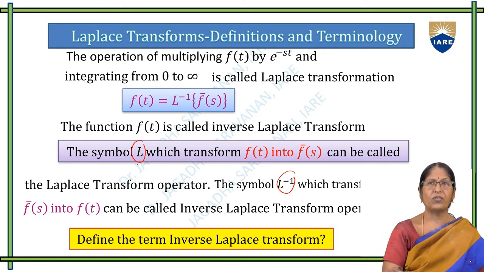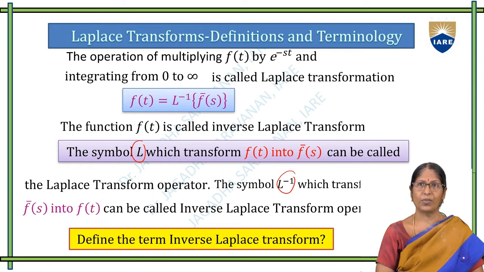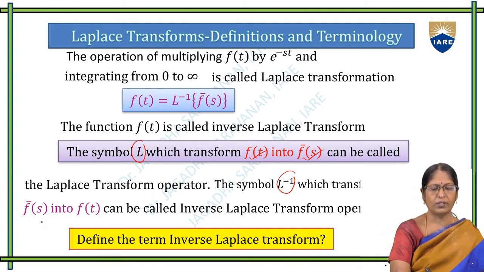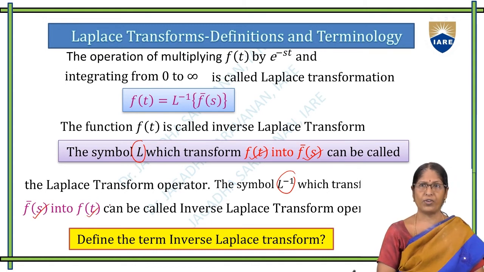The L transforms from which position to which position? f of t into f bar of s. That is regarding L. Then what about L inverse? f bar of s into f of t.